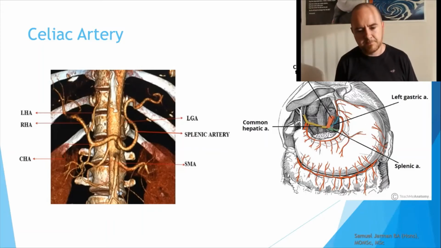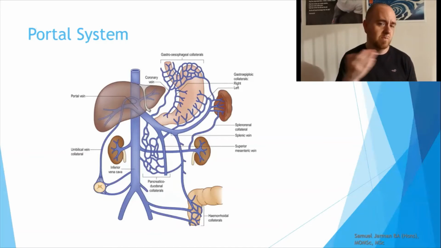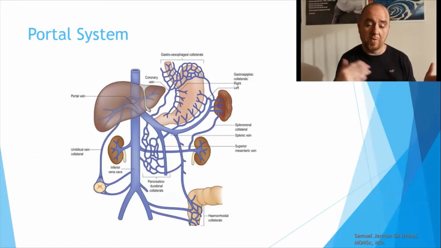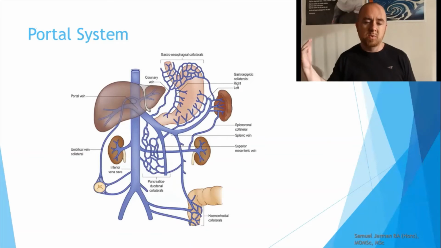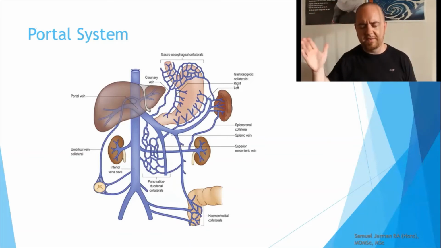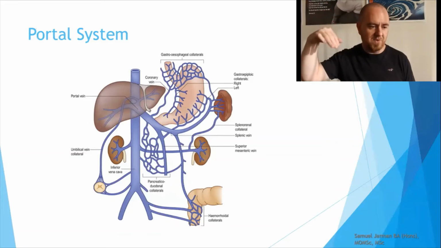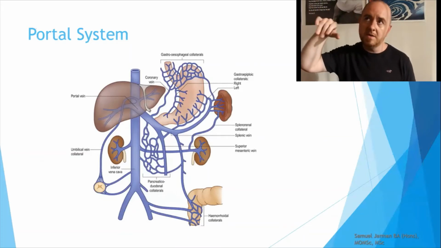The portal system: with respect to the foregut, the midgut, and the hindgut, all of that circulation doesn't go directly to the inferior vena cava. It goes through what's called the portal system. So you will have the inferior mesenteric vein coming off of the hindgut, which is the distal third of the colon, the transverse colon, the descending colon, the sigmoid, and the rectum.